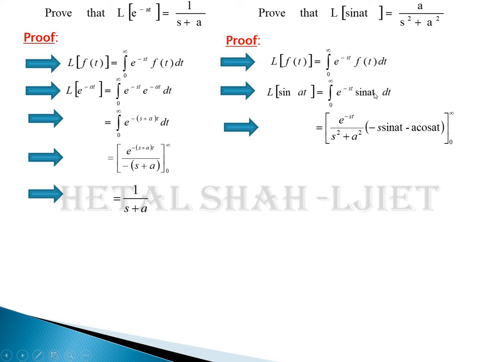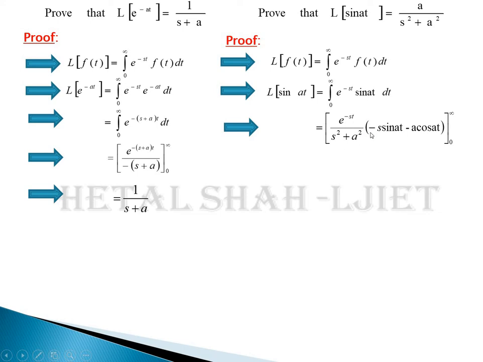And the multiple of t in the sine term is a, so a square. So here you have to put e raised to minus st, or whatever your exponential term is, keep it the same. And in the denominator, the multiple of t in your exponential term, you have to put here as the multiple of t square, and in the sine term, the multiple of t, again you have to put here the multiple of t square, that is a square.